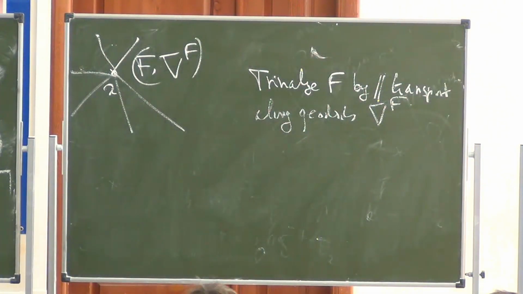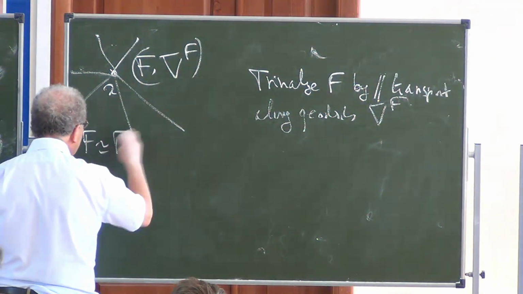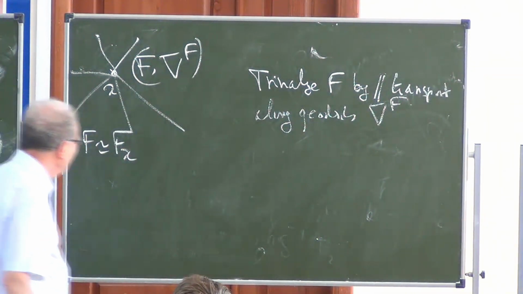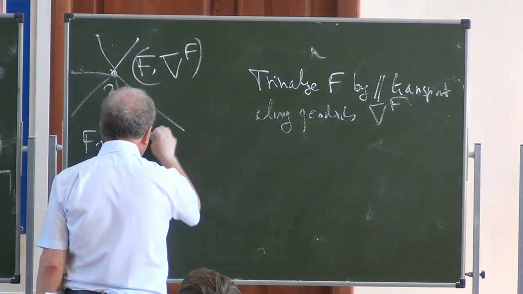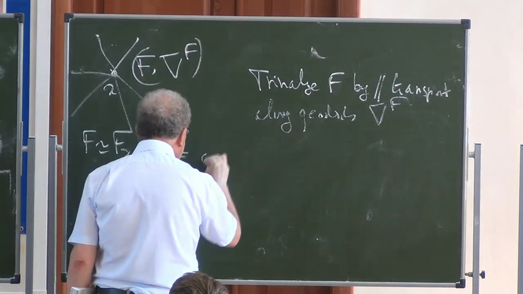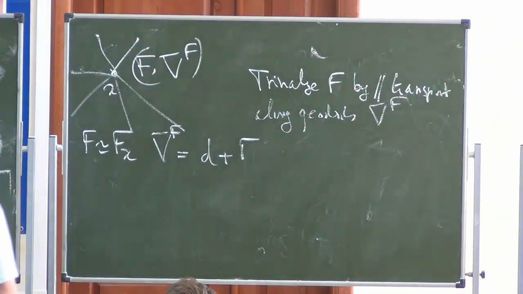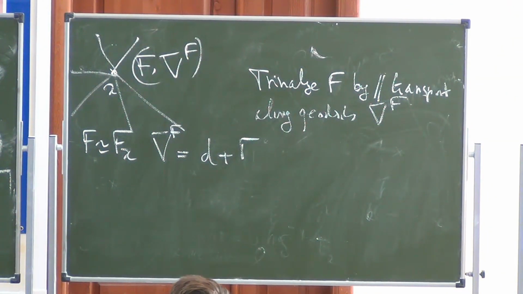So you do this trivialization, which means that the vector bundle is trivial. So f has been identified with fx. And so the connection nabla f can be written in this trivialization as d plus gamma. The connection on a trivial vector bundle can always be written as d plus gamma, and gamma is just a connection form.